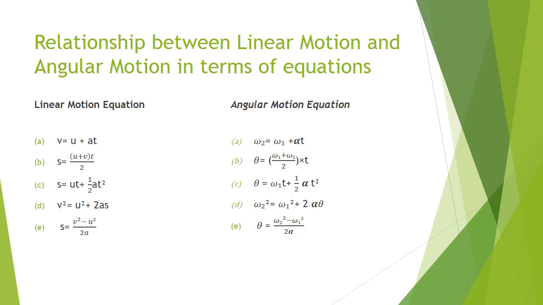And then the a, we're still looking at the first equation, the a there stands for acceleration, and here it stands for angular acceleration. So what is actually changing are just the letters.